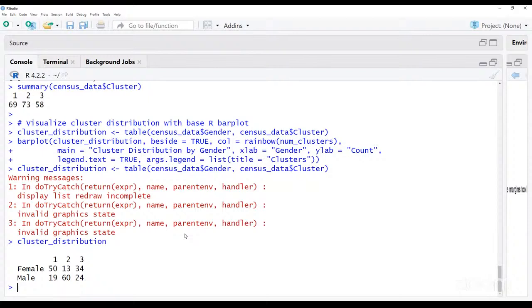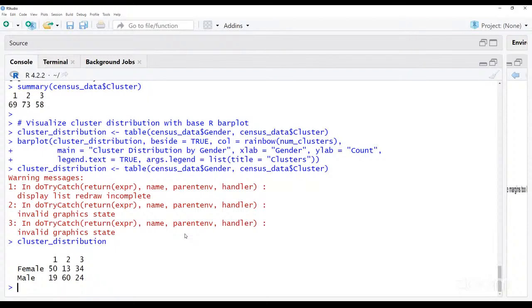And it is written num clusters, that means three will be there. Main: cluster distribution by gender. X lab is gender. Y lab is count. Legend text equal to true. Args legend list title cluster. So this is the thing.